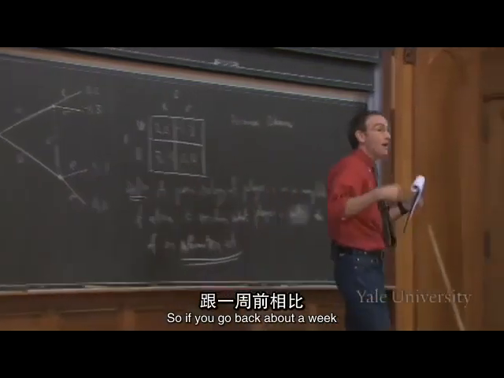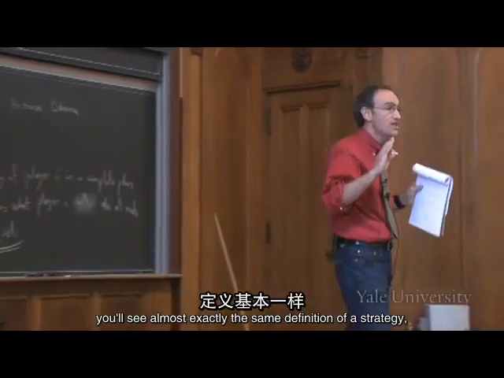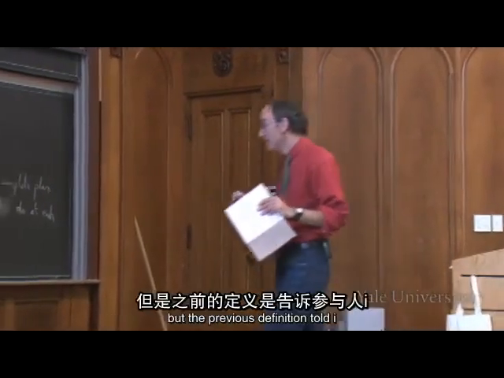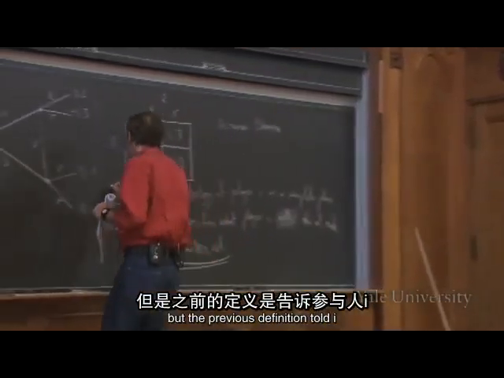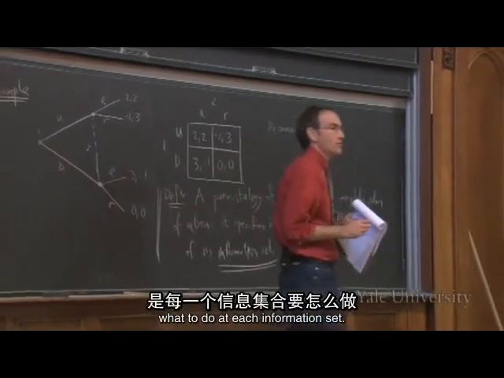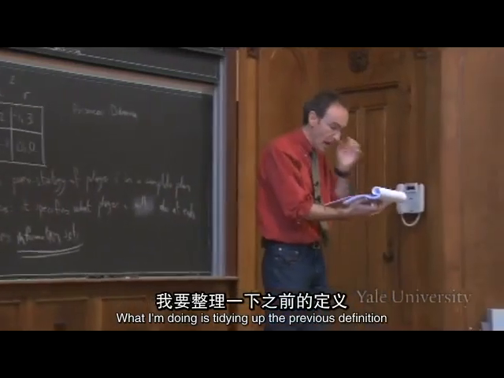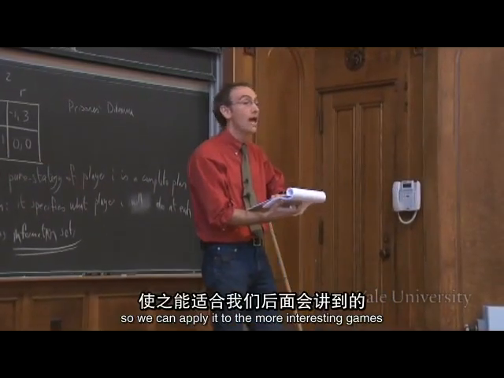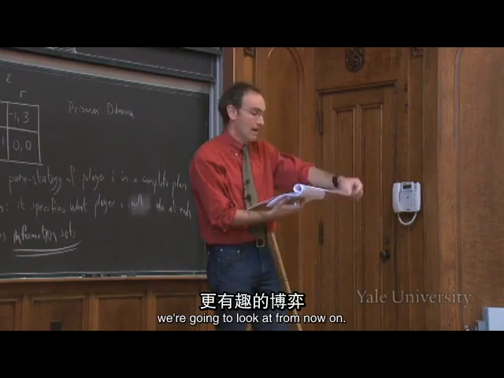So if you go back about a week, you'll see almost exactly the same definition of a strategy, but the previous definition told I what to do at each node, and this one just tells I what to do at each information set. All I'm doing is tidying up the previous definition so we can apply it to the more interesting games we're going to look at from now on.